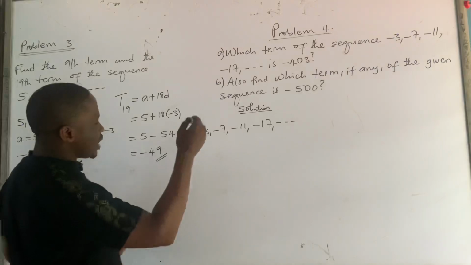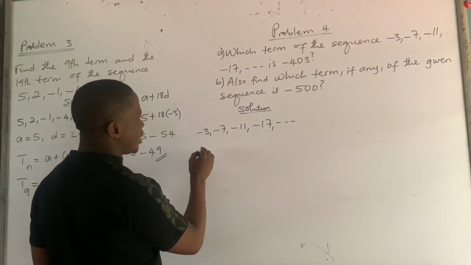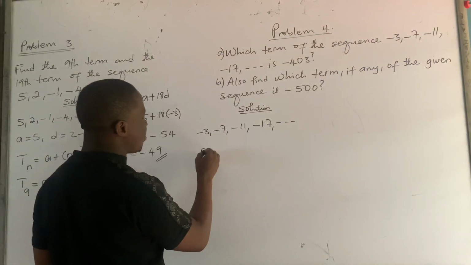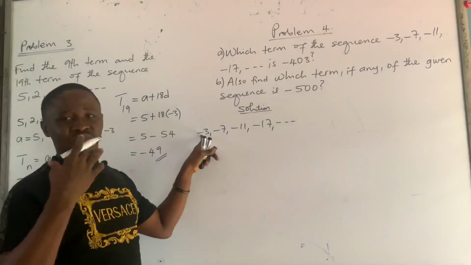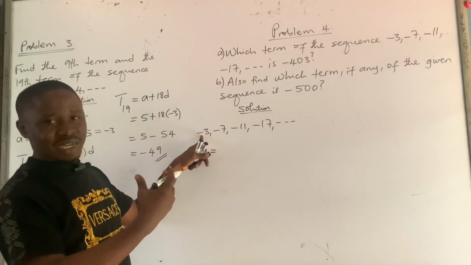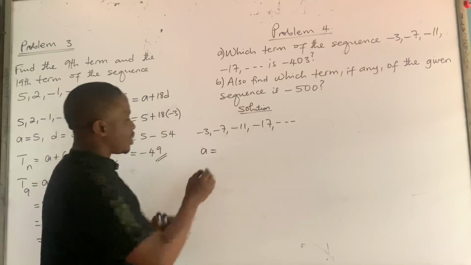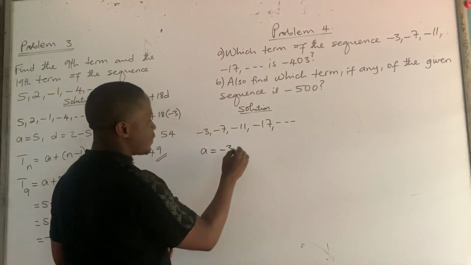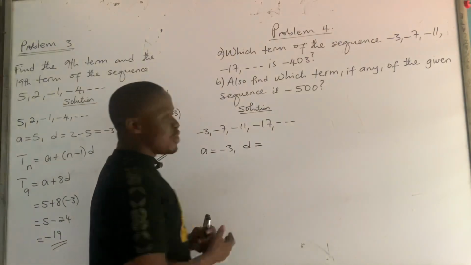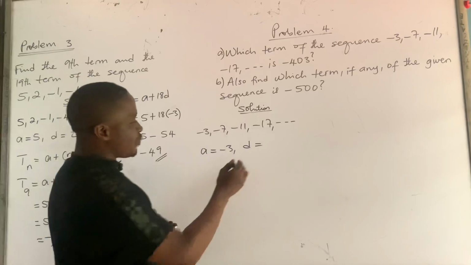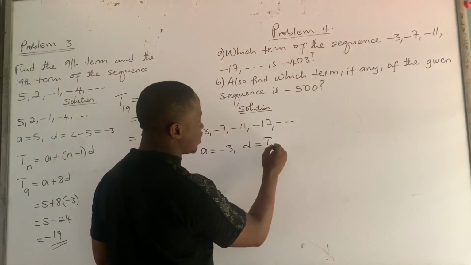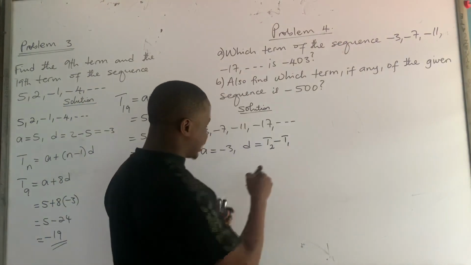All right. So let us say we have the first term. The first term is the first value, the first item that is given. The first term is denoted by A. So the first term is minus 3. The common difference: how do we find it? The common difference is a particular term minus the preceding term.